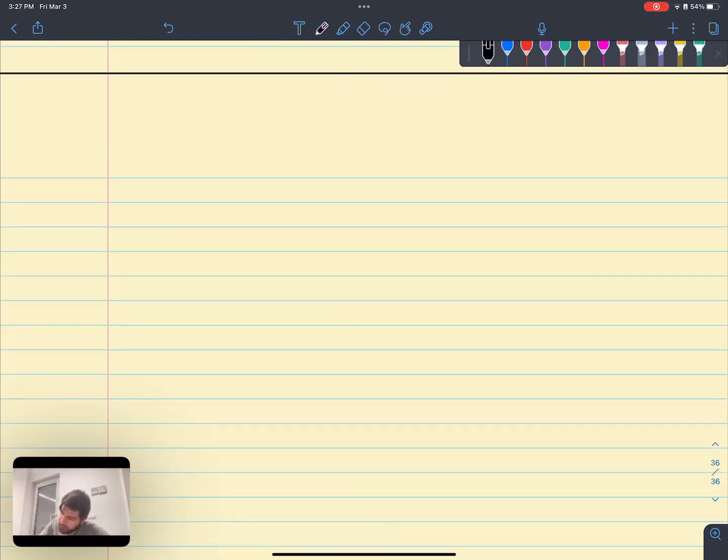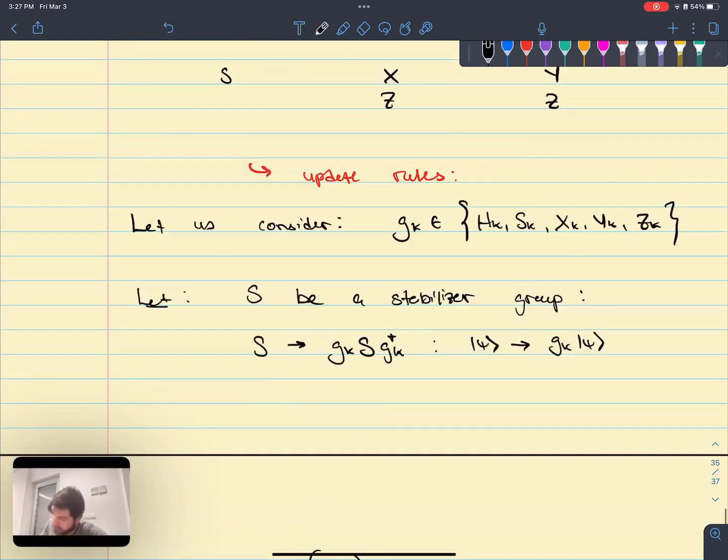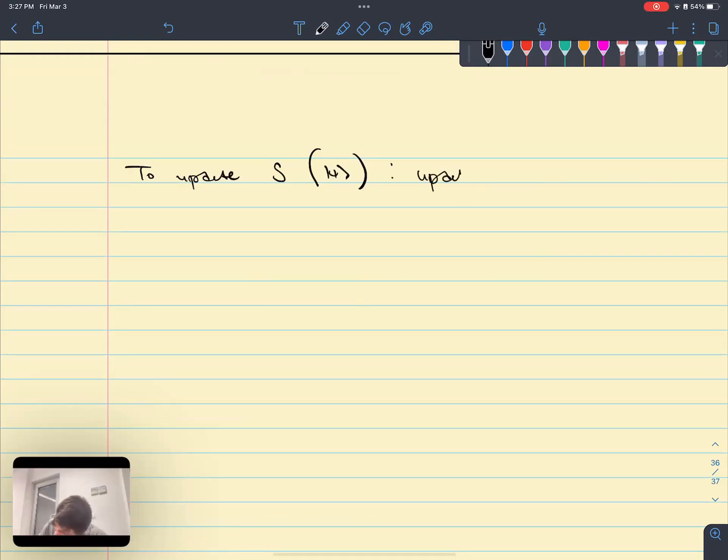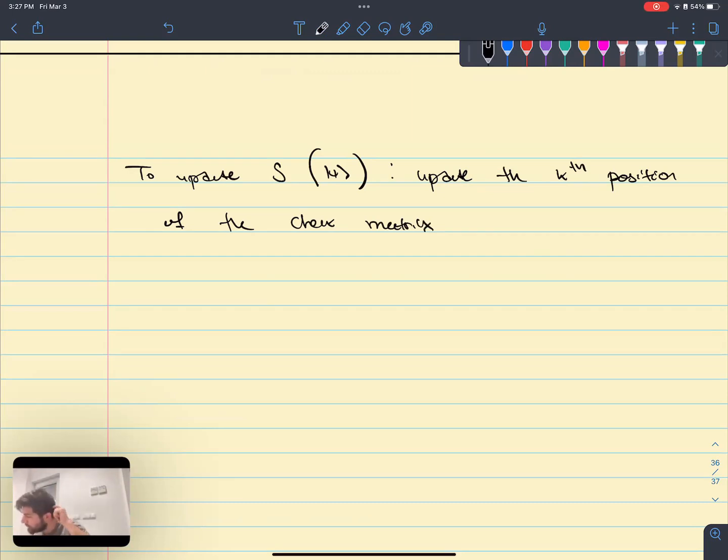Okay, so let's say it like this. To update S, or equivalently psi, we just need to update the kth position of the check matrix for all n generators, of course.